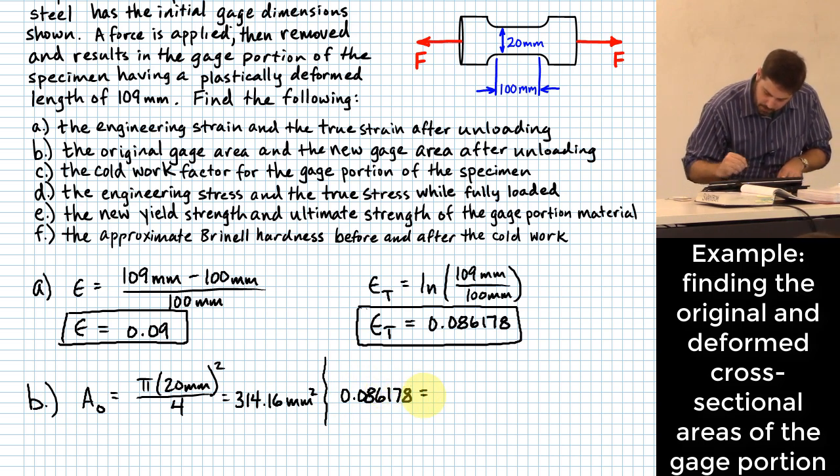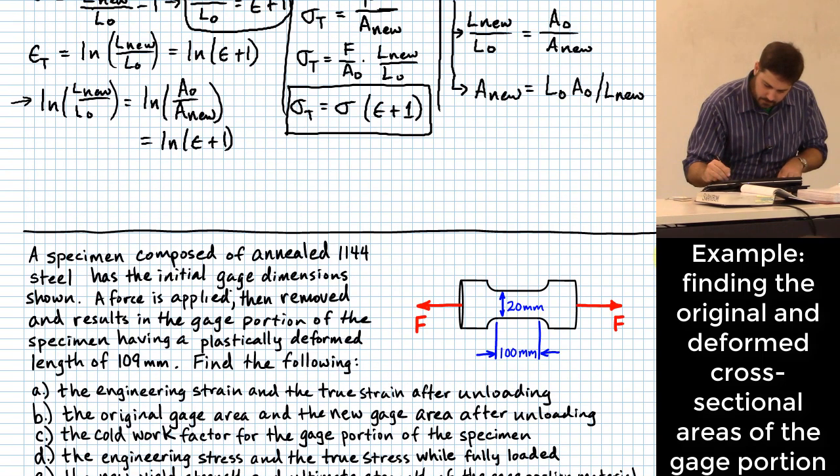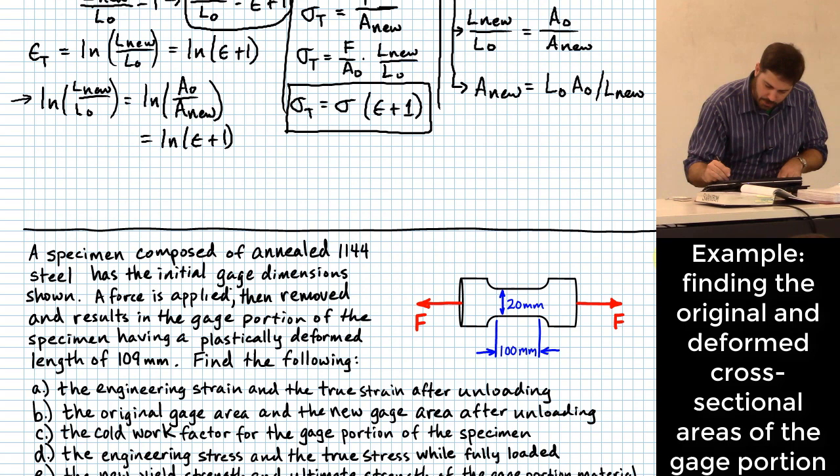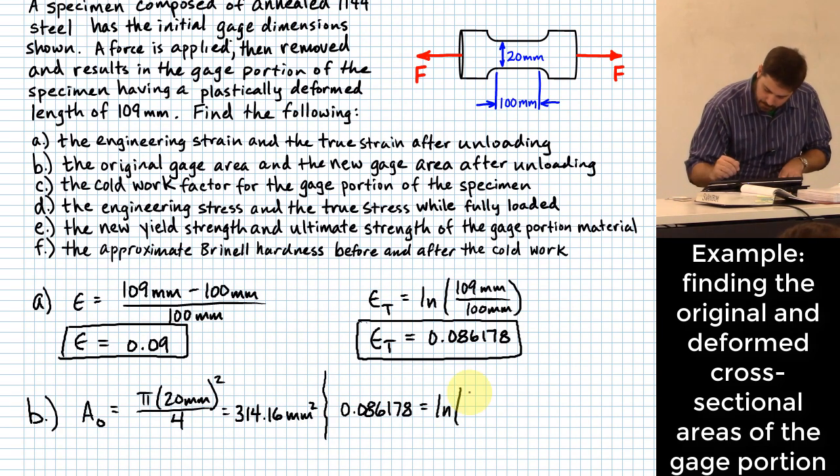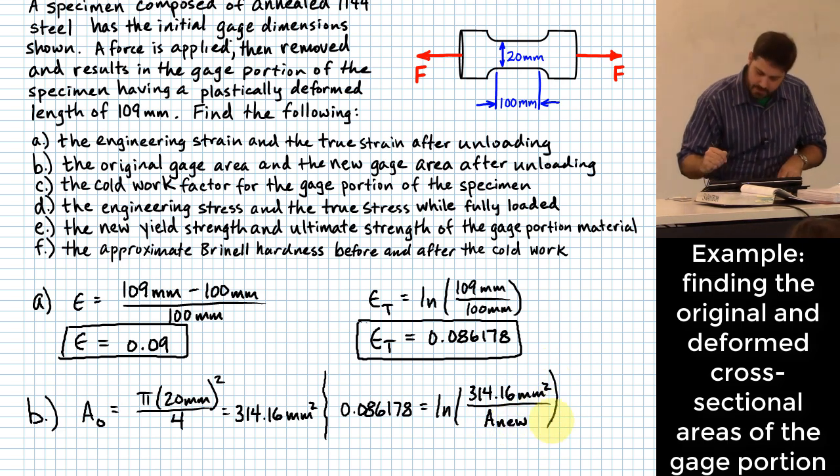This is going to be equal to the natural log of original area over new area. The original area was 314.16 square millimeters, and the new area is what we're trying to find.